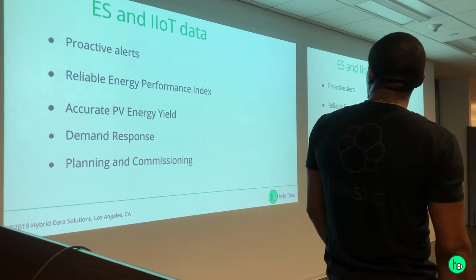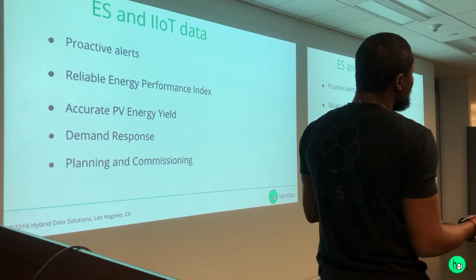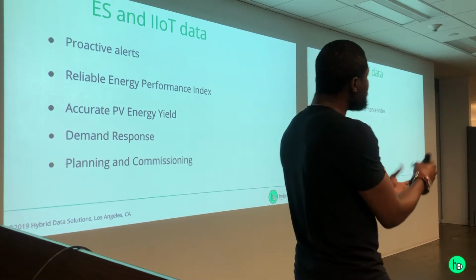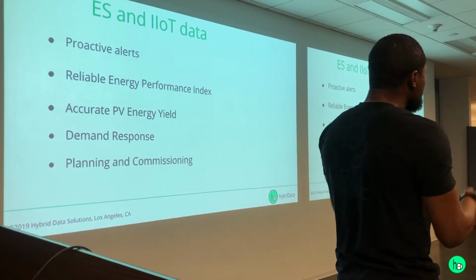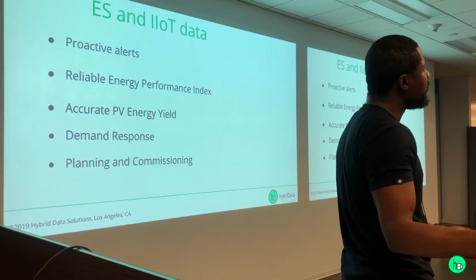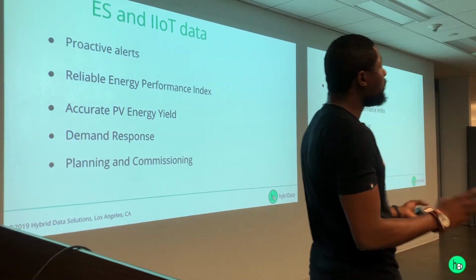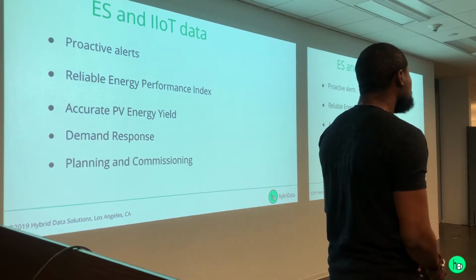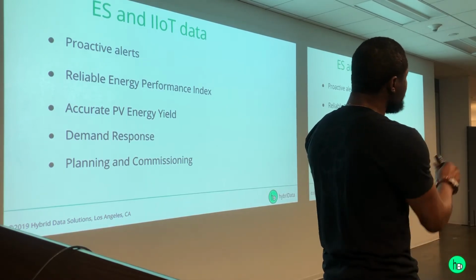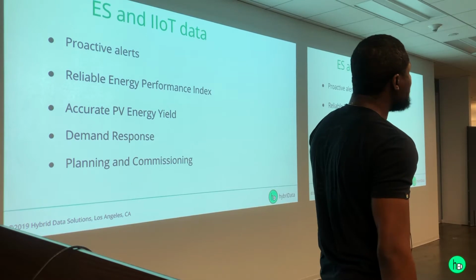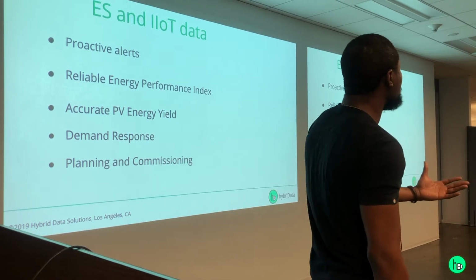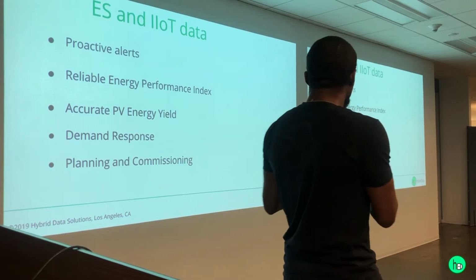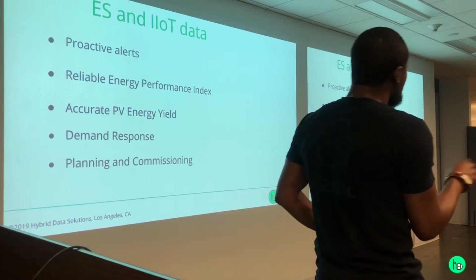The reliable energy performance index: now, if you've heard of the Elasticsearch analysis object, you can write a computation. We talked about the definition of what an energy performance index is, so you write this computation. You already have those fields as metadata points fed into your cluster, so once you calculate it, you get your performance over time.